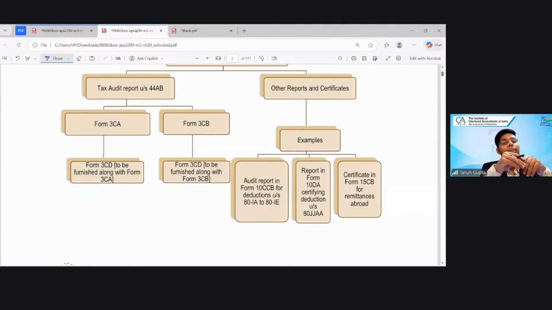See, I'll take a minute of yours. These ethical compliances are actually the founding stone of any profession, whether it's a medical profession, an advocacy profession, or a chartered accountancy profession. The individuals who are practicing this profession have to follow the ethical compliances. Only because of the ethical compliances can the profession survive.